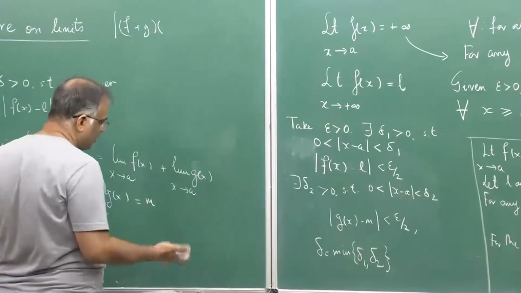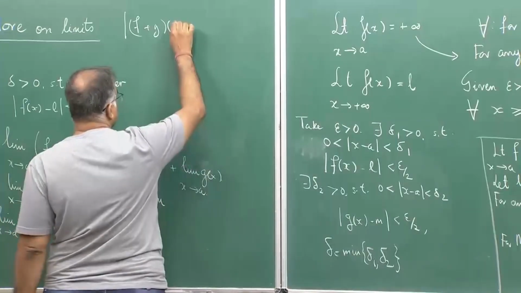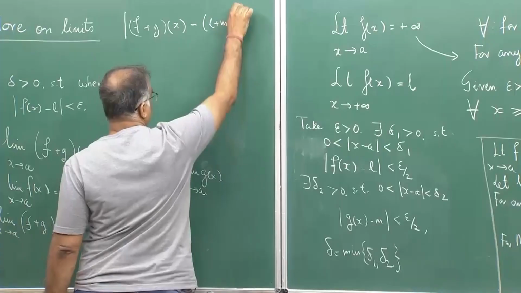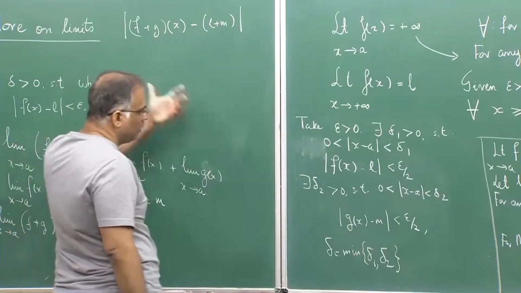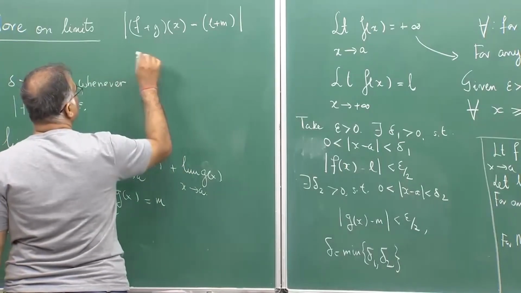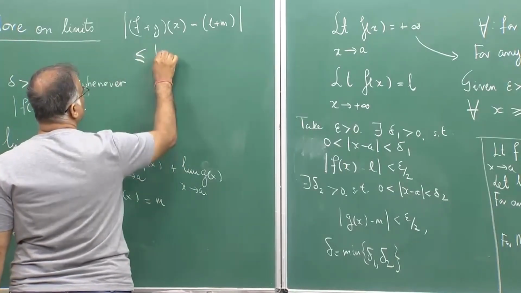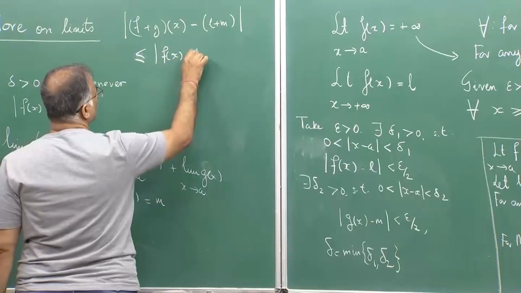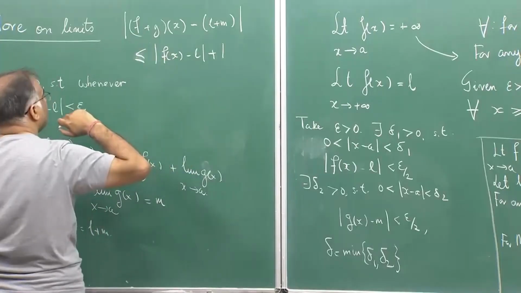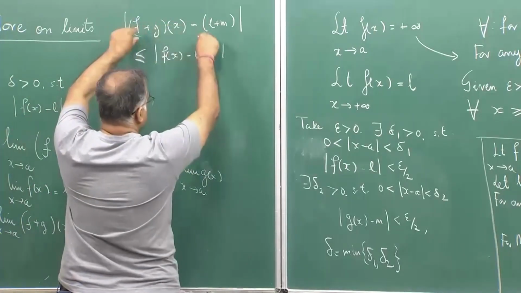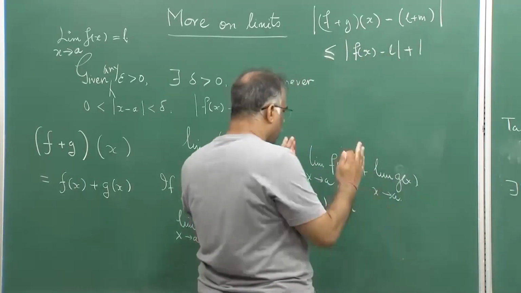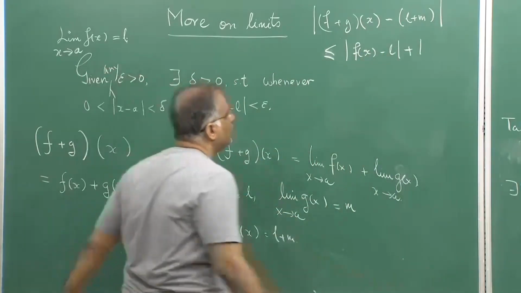So for all such x's, let us see what happens. Given the epsilon, is this delta the corresponding delta for this? So you use this definition of f plus g at x, and then write f(x) minus l plus g(x) minus m, and then use mod of a plus b is less than or equal to mod a plus mod b.